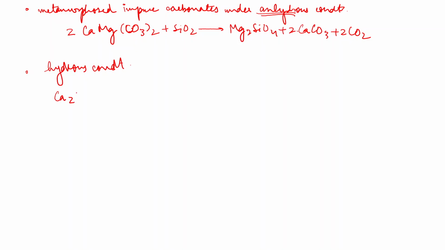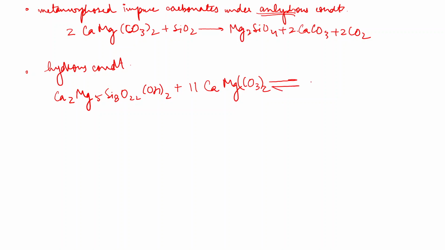So Ca2Mg5Si8O22(OH)2 plus 11 CaMg(CO3)2 gives rise to 8 Mg2SiO4 plus 13 CaCO3 plus 9 CO2 plus H2O.